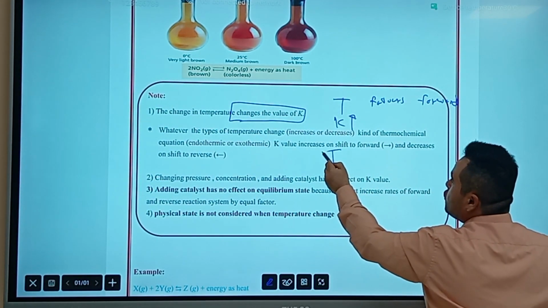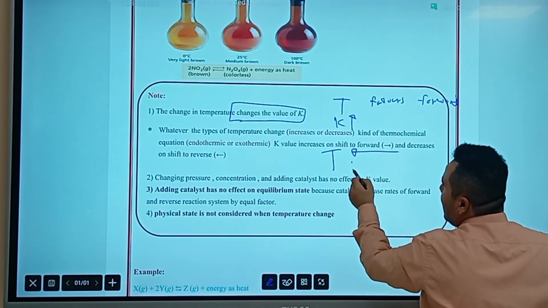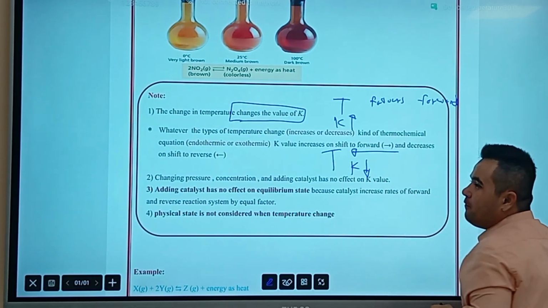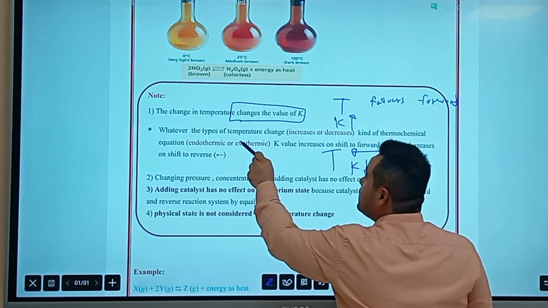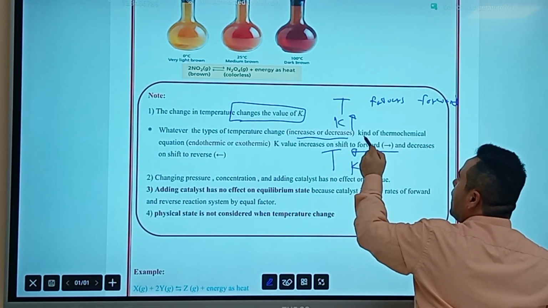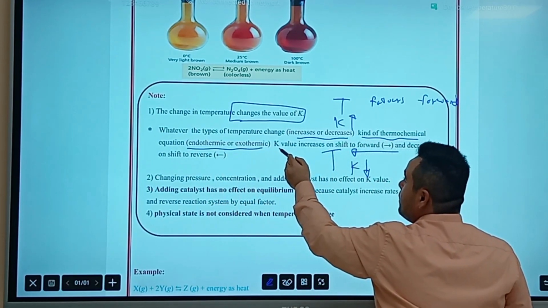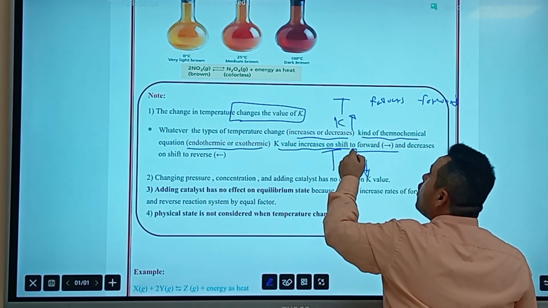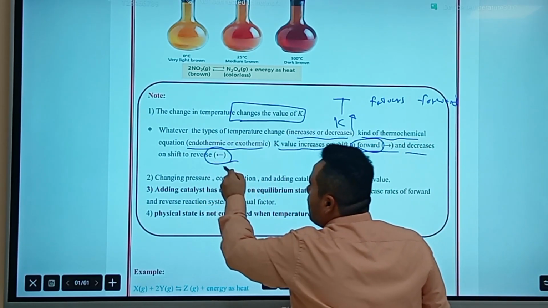But if temperature favors the reverse, that reduces the value of K. That's how it works. Whatever the type of temperature change, increasing or decreasing, and whatever the thermal equation, endothermic or exothermic, the K value increases on a shift forward and decreases on a shift in reverse.